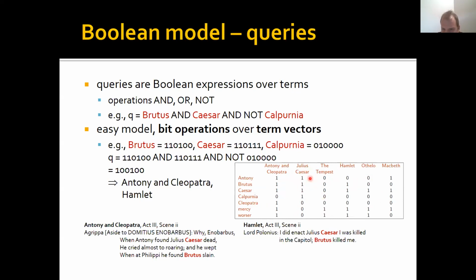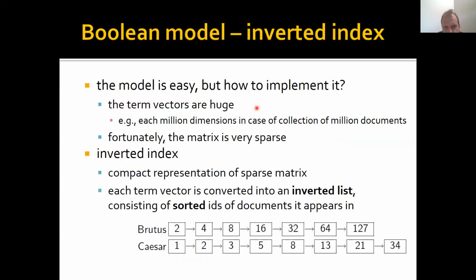There is 99% of zeros, and it would be extremely inefficient to store directly these bit strings full of zeros and then do these bit operations with almost zero bit strings. That's why we do not use the bit strings directly, but we use a so-called inverted index.